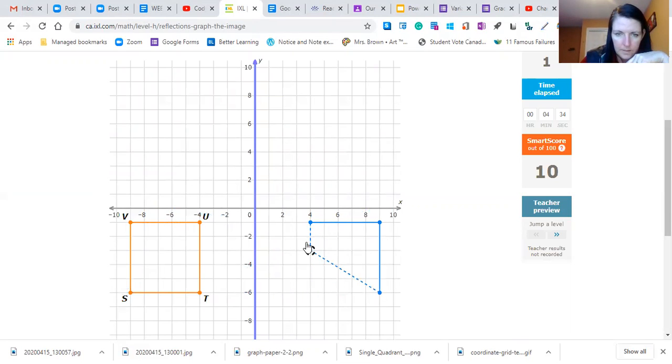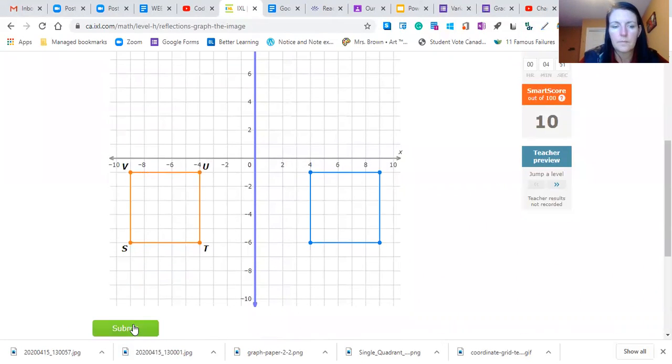And then we go across to fill up the square. So both of those lines have to be straight, right? You could do the counting each time. Whatever gets you to have a perfect square on this side. Just keep checking that you are equally away from your y-axis on both sides.